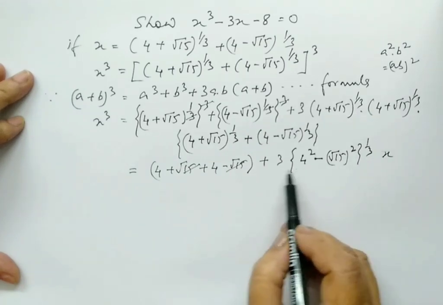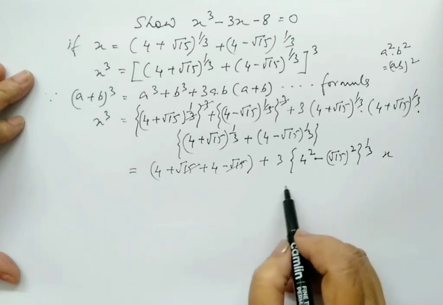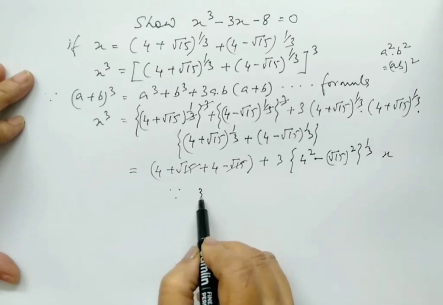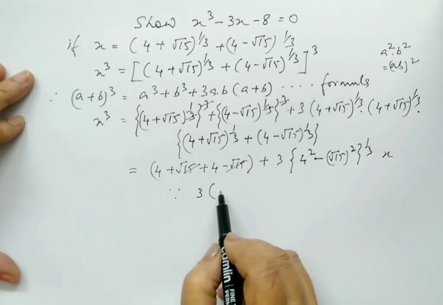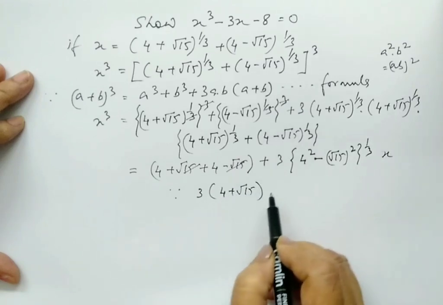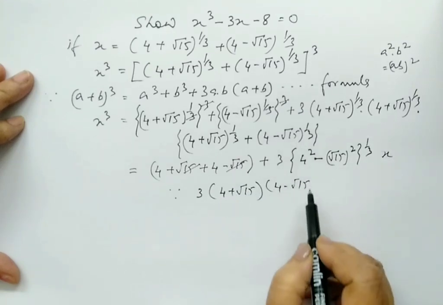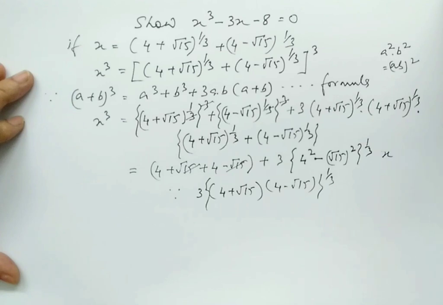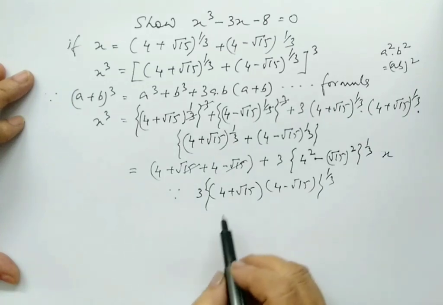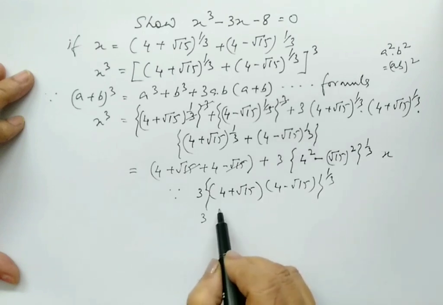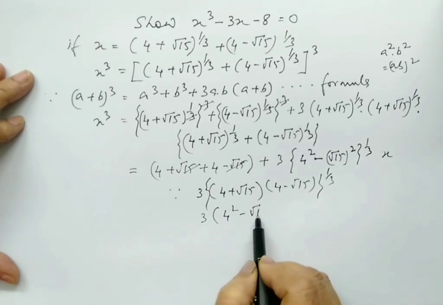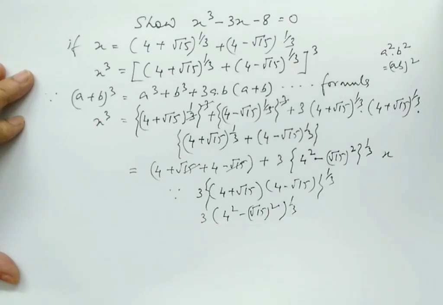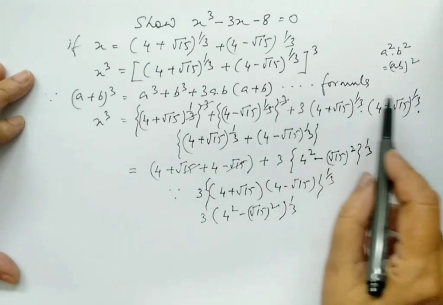So let me just explain, having put dots for this, this is equal to, I'll write, since 3 is there and 4 plus root 15 and 4 minus root 15, and then we put 1 by 3, isn't it? Then what do we do next? 3 into 4 square minus root 15 whole square, and 1 by 3. Got it? I am explaining this portion.